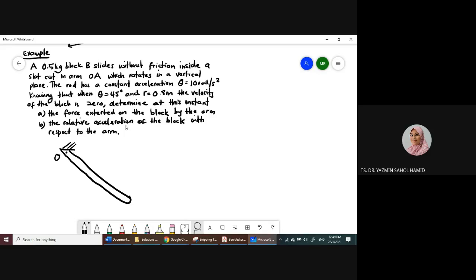If this is the angle theta, and this is a slot, block slot B, this is B, and this is A, and this is our r.